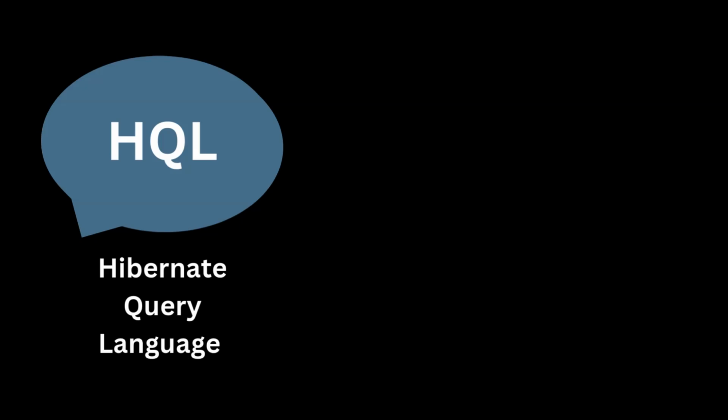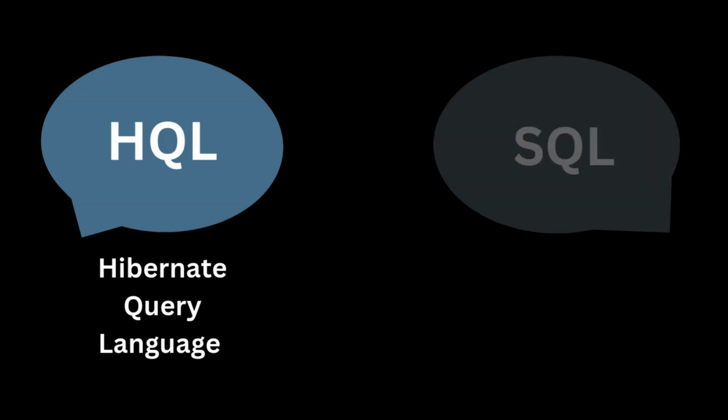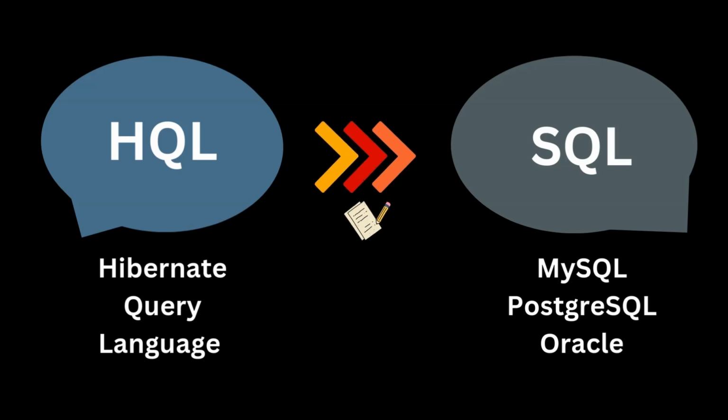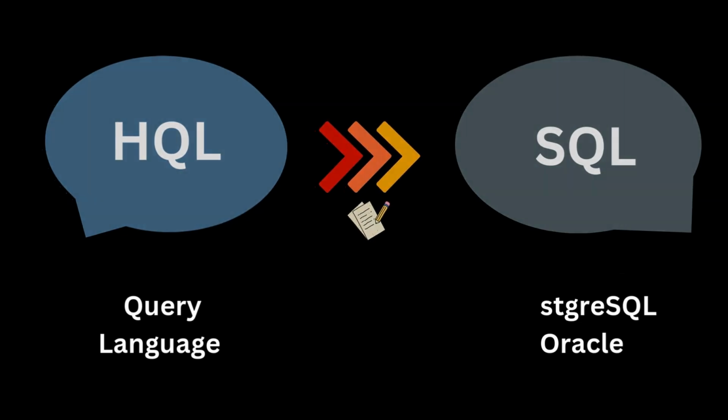Database independence, HQL. You can write queries using Hibernate Query Language, HQL, which is an object-oriented version of SQL. Hibernate then translates these queries into the native SQL dialect of whichever database you are using, like MySQL, PostgreSQL, Oracle. This makes it incredibly easy to switch database vendors without changing your query code.